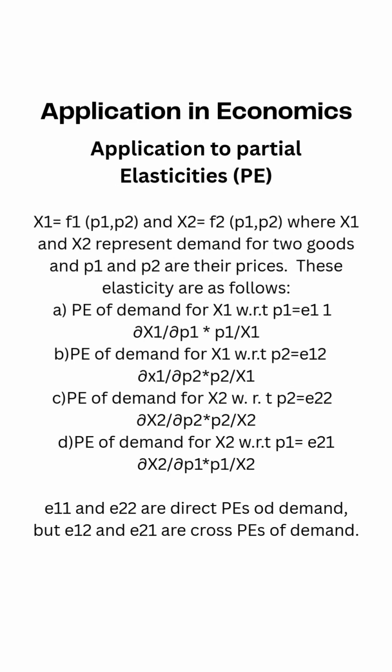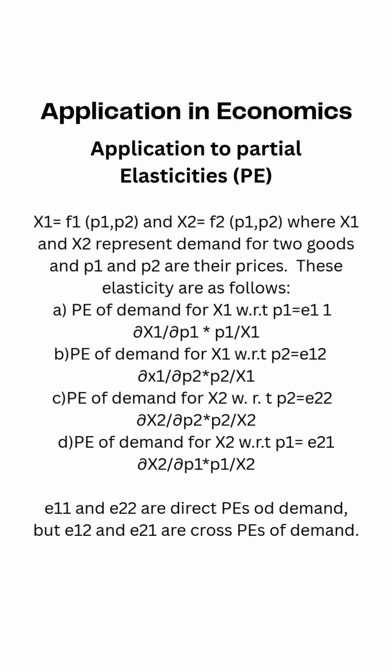We have discussed the basics of partial derivatives, and now let's move to their economic applications. In economics, partial derivatives are mainly used in partial elasticities, production functions and utility functions. First, let us see how they are used in partial elasticities.